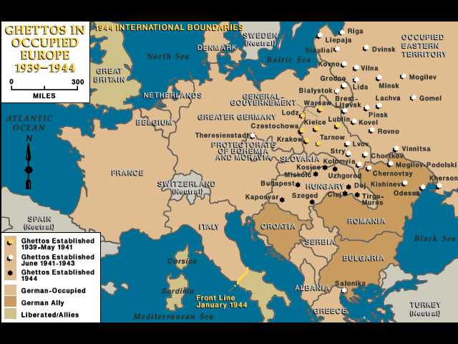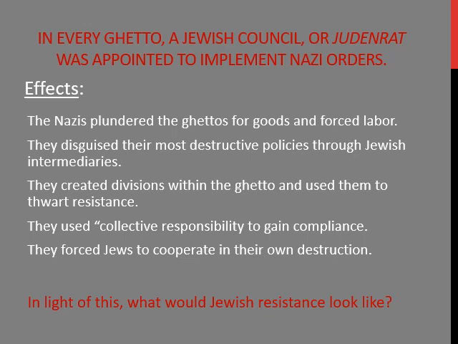You can see in the map how many ghettos are established, and this is just major ghettos. And you can see that the ghetto policy extends over time and geographically into different regions. So the effect of ghettoizing the Jews and requiring a Jewish council to lead is that the ghettos could be used to plunder the Jews, take their goods, force them to provide labor.